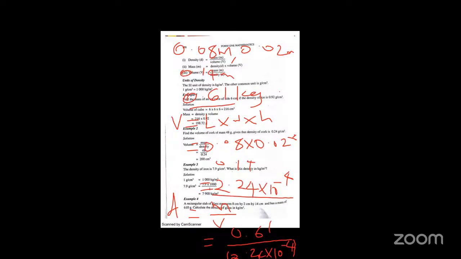I think I can just explain what I was saying. When we don't use the brackets, the calculator simply assumes that you are dividing 0.61 by 2.24. Then the result that it gets, it multiplies by 10 to the power of -4.